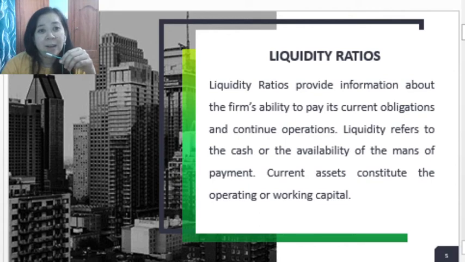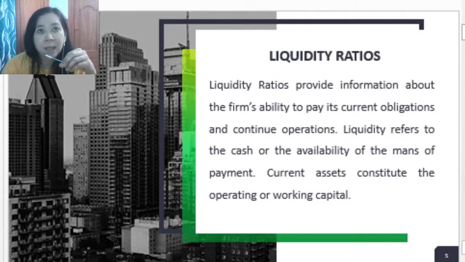We can also assess if they are able to continue their operations in the short or long run. By the way, when we say liquidity, this refers to the cash or the availability of other resources or current assets that can be made as payment for the current obligations of the entity. Current assets normally constitute the operating or working capital.